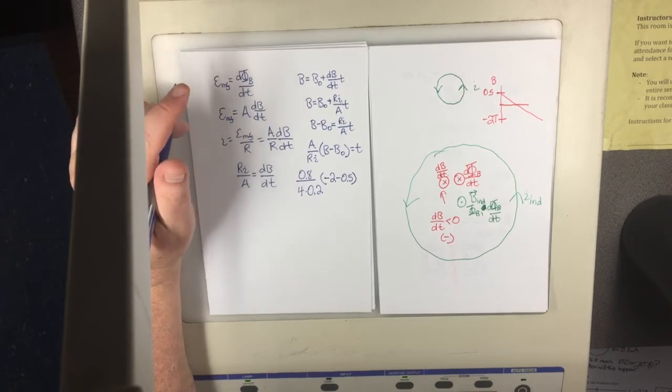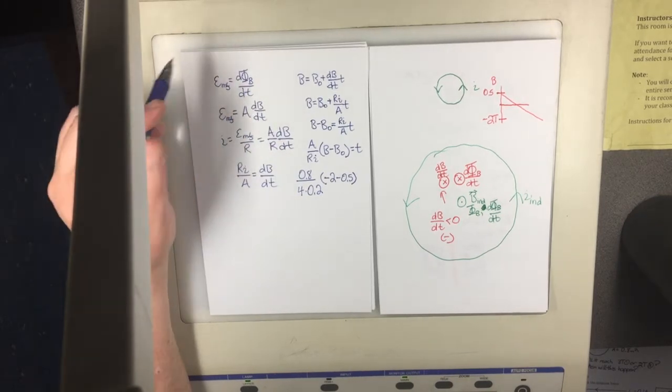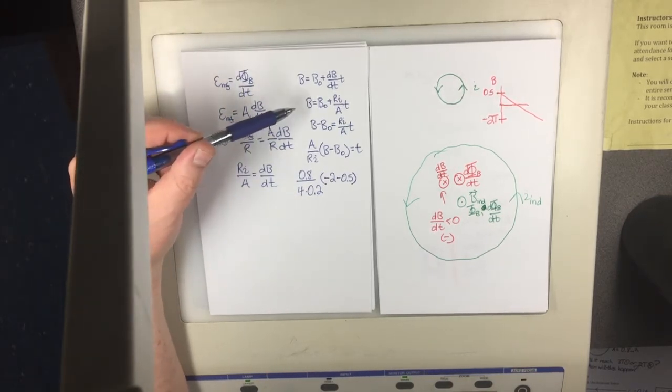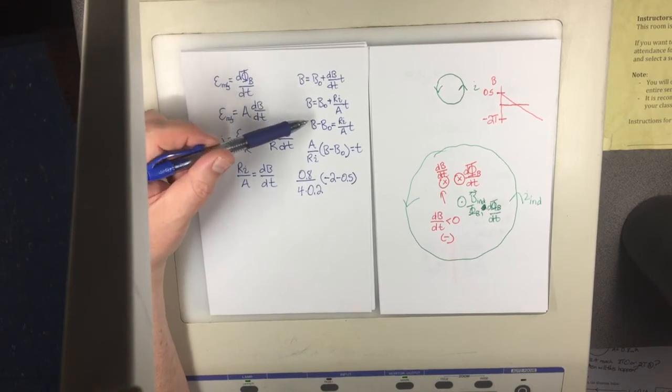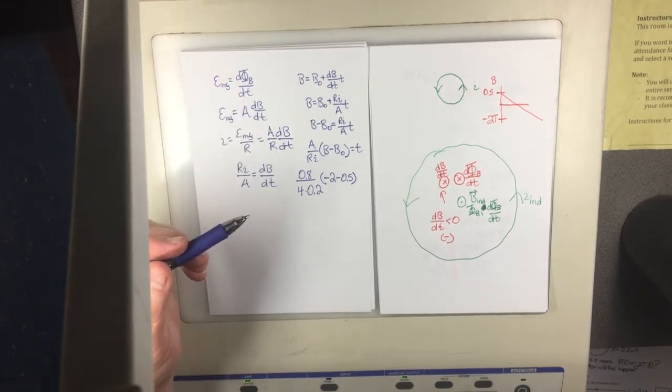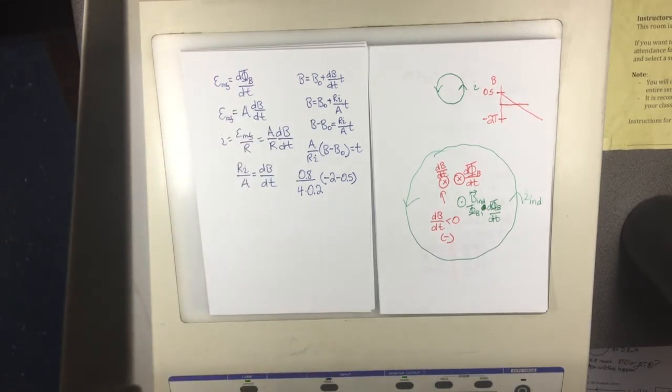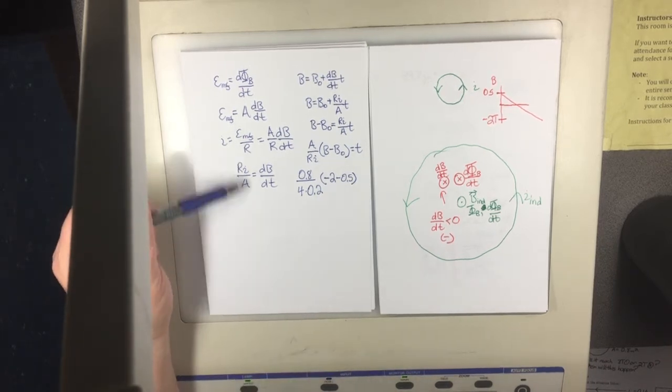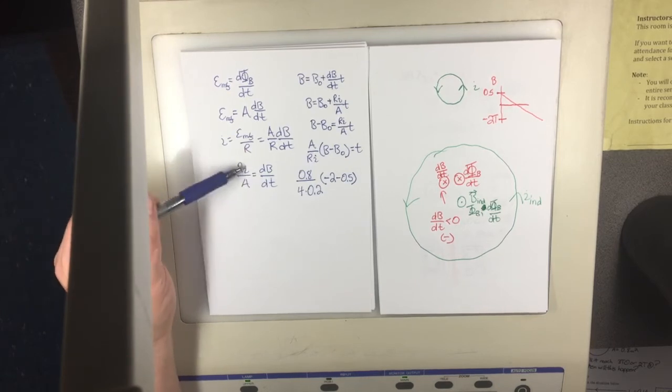Why is this time going to be negative? The current's counterclockwise, so does that make it negative? I don't think, hold on, B minus B naught. Oh. I know what I did wrong. R times I over A is just the magnitude of dB dt.